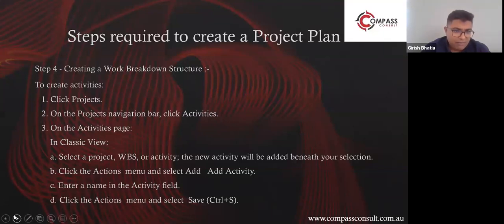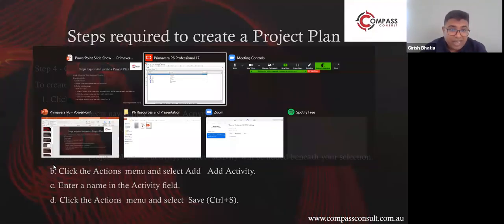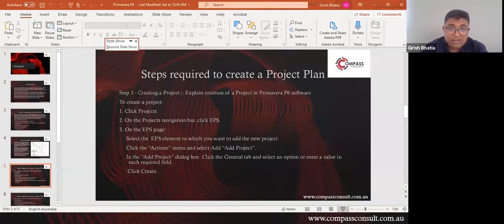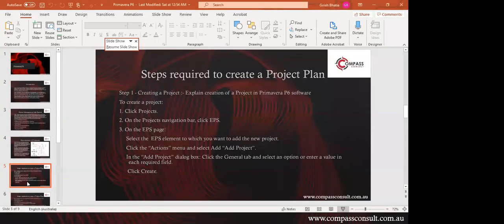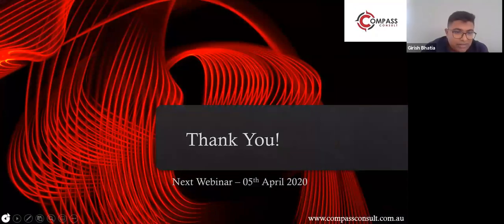I think I haven't made any slides for the activities, but I will be able to explain activities without a slideshow. We'll add activities on tomorrow's slideshow, guys. I'm sorry, it's there on 3B. Okay, it's already there.